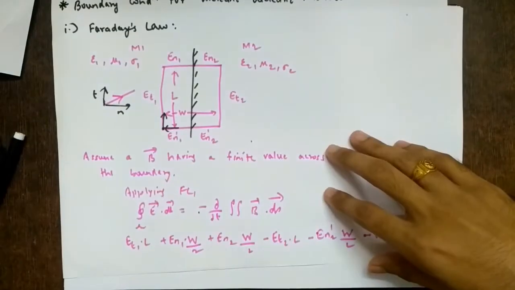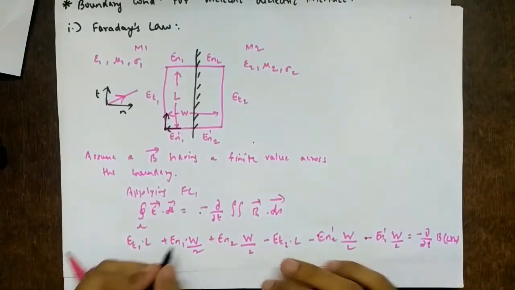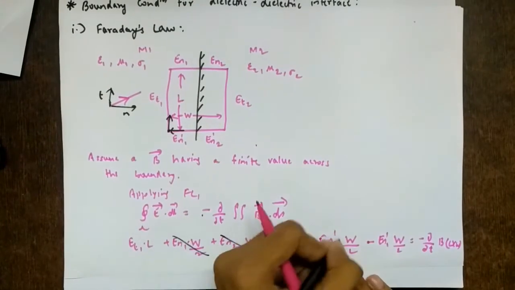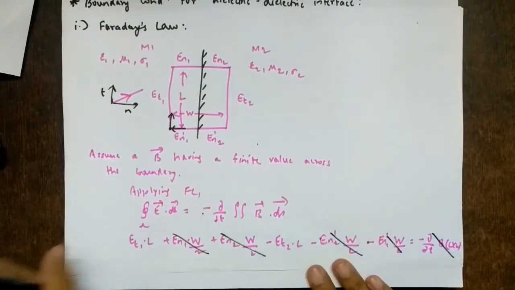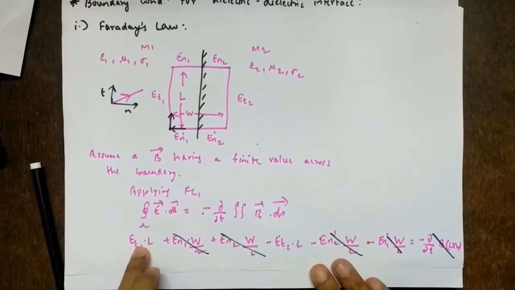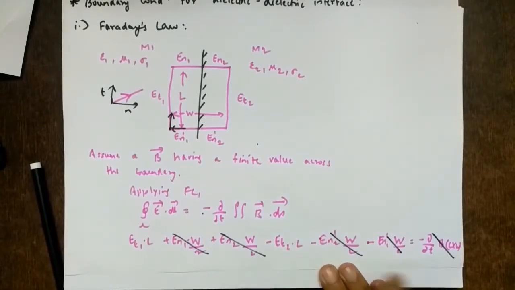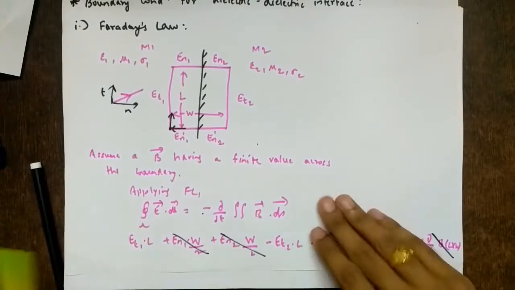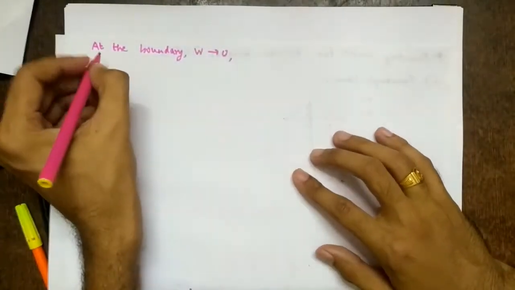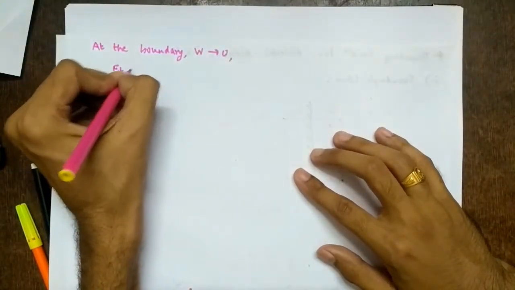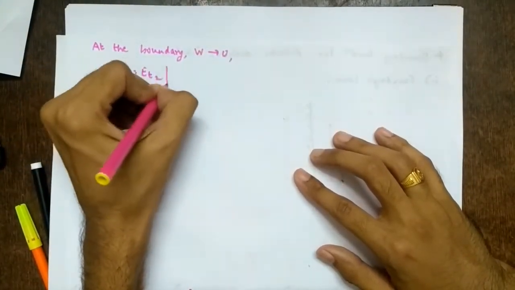Which terms will cancel? This will go away, this will go away, this will go away, this will go away, this will also go away. So you have only ET1 L minus ET2 L equal to 0. If you solve that, you will get ET1 equal to ET2.